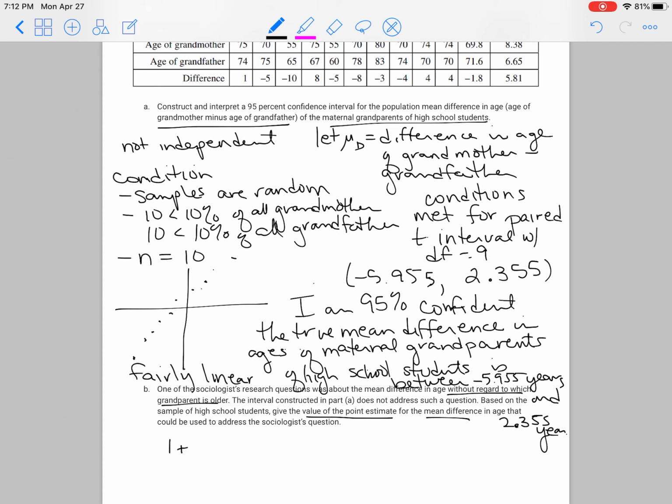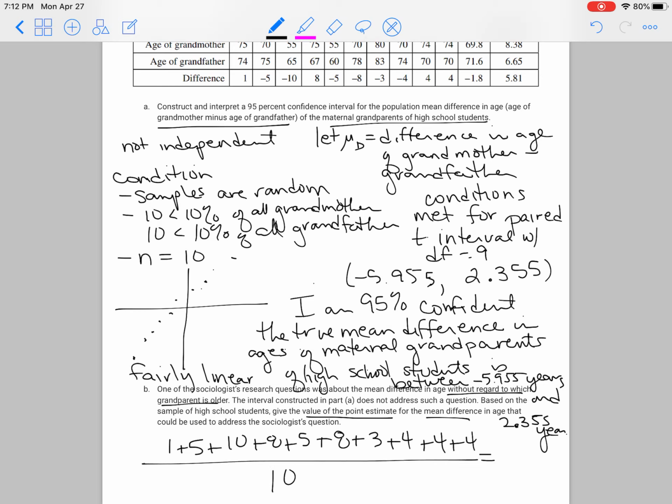The next one's a negative 5, but we want just the difference, so it's a 5, plus 10, plus 8, plus 5, plus 8, plus 3, plus 4, plus 4, plus 4, all divided by 10. If I add all those together, I get 52 divided by 10. The point estimate for the mean difference is 5.2 years.